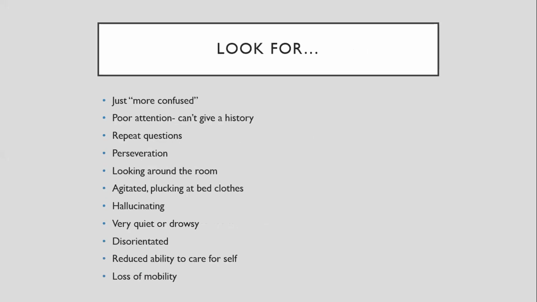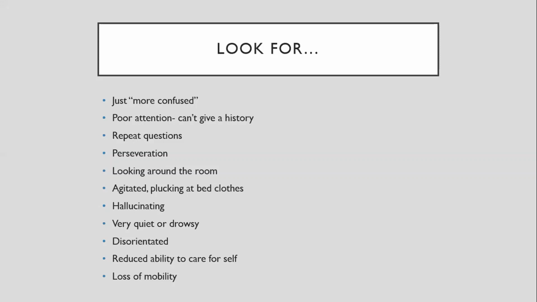The things that we look for is obviously somebody just being more confused. They often have quite a poor attention span, so it's very difficult to get a history from these patients. They may repeat questions, they may perseverate, they are often distracted, they might be looking around the room or agitated, plucking at bedclothes being the classic thing you might see. They may be hallucinating, and it's typically visual hallucinations.